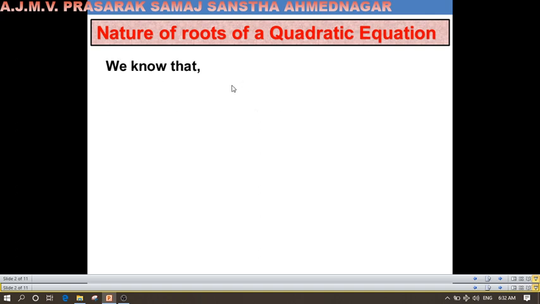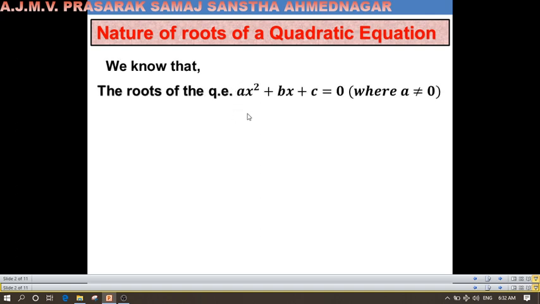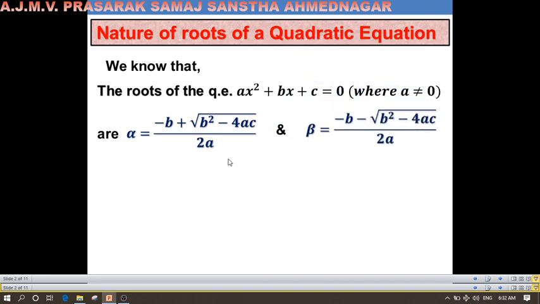Now we know that the roots of the quadratic equation ax square plus bx plus c is equal to 0 are alpha is equal to minus b plus root of b square minus 4ac upon 2a and beta is equal to minus b minus root of b square minus 4ac upon 2a.